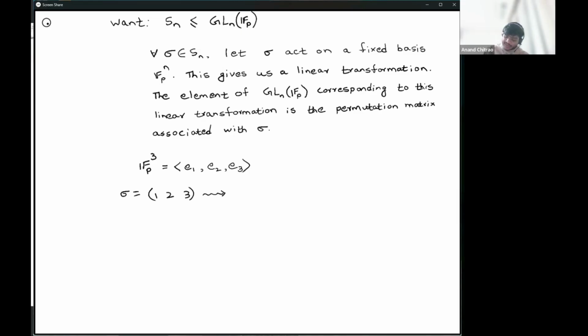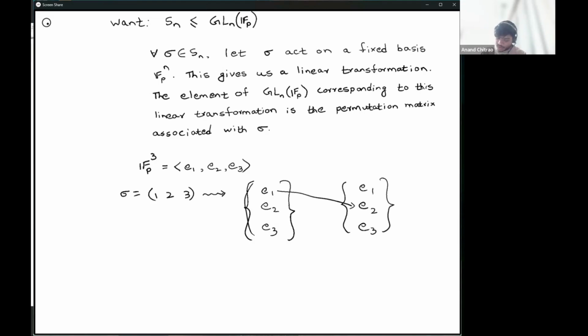Then consider a map from this set E1, E2, E3 to itself given by this permutation. So E1 goes to E2, E2 goes to E3, and E3 goes back to E1.